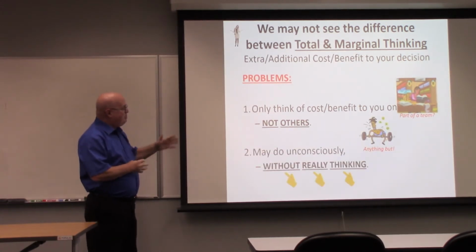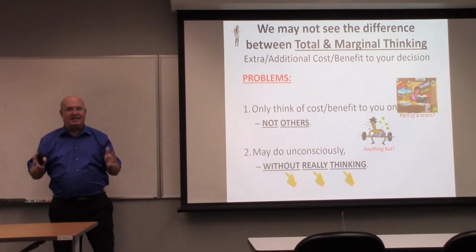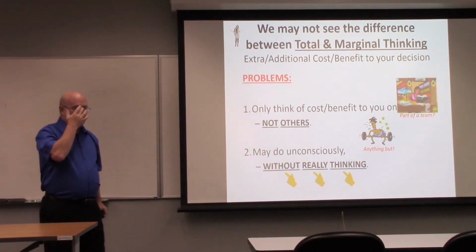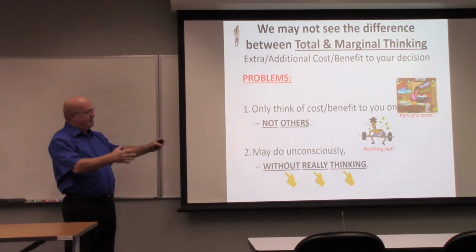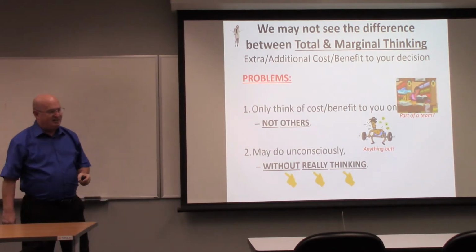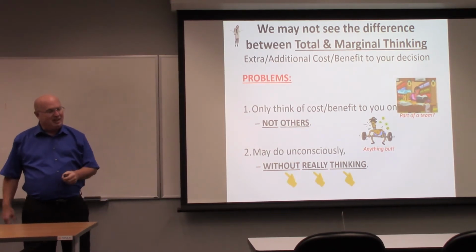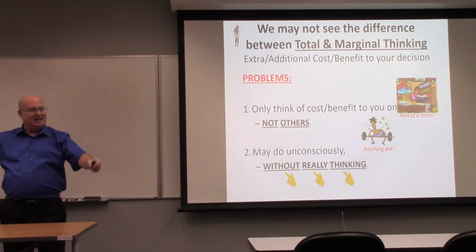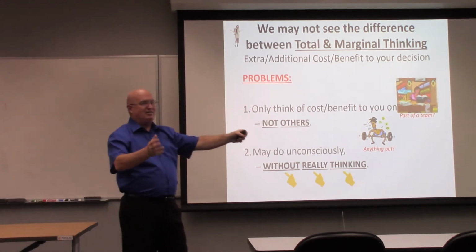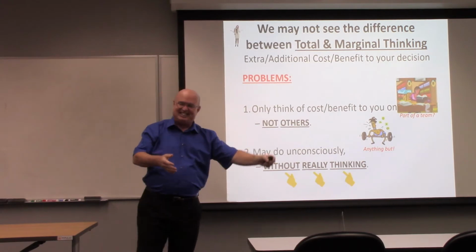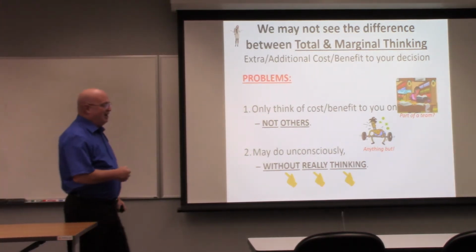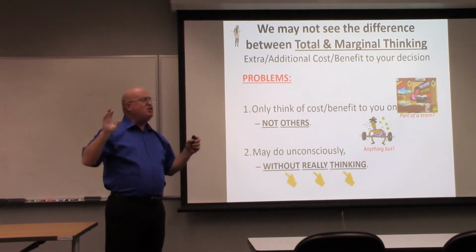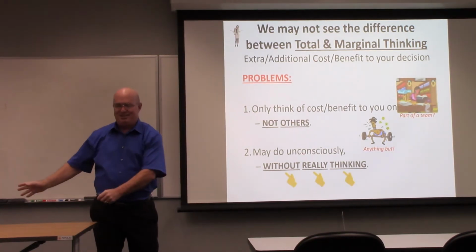The second is we may do it unconsciously, without really thinking. Now remember, I was at a speaking engagement once, and on my way to my chair to get ready to get in line to speak, they had a table full of fruit and a table full of donuts. Oh yeah, donuts. Well, I picked up my plate and walked right past the fruit. Now, I'm a type 2 diabetic, so I know I should be having fruit.